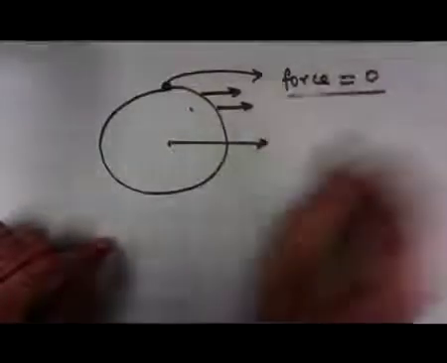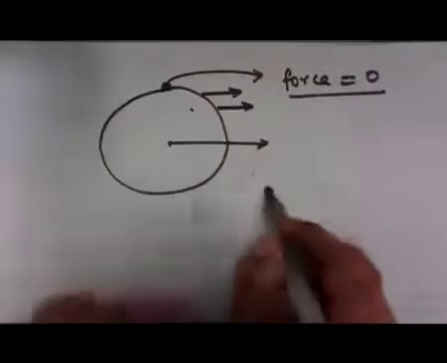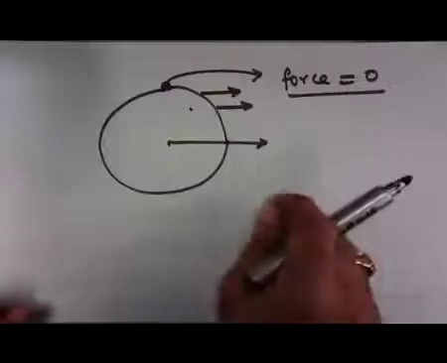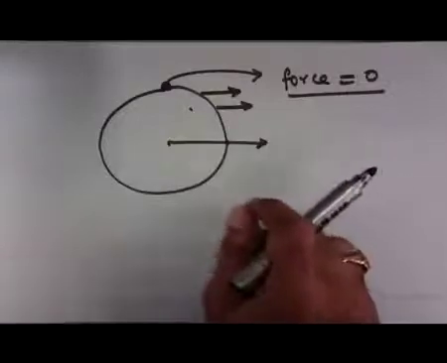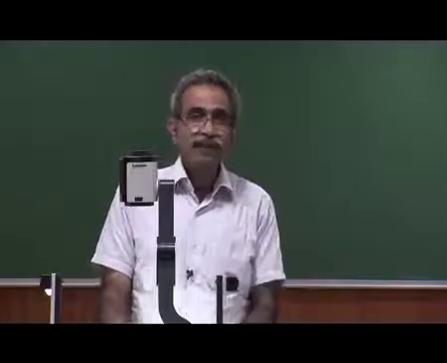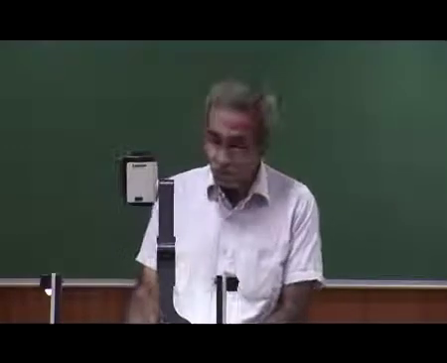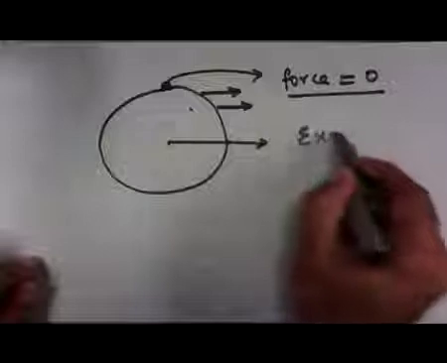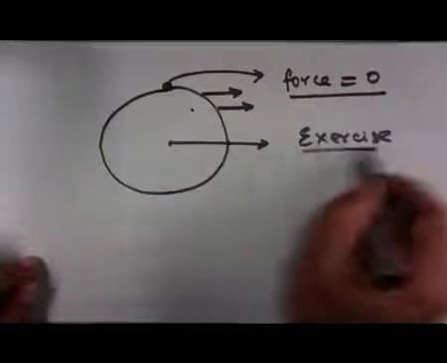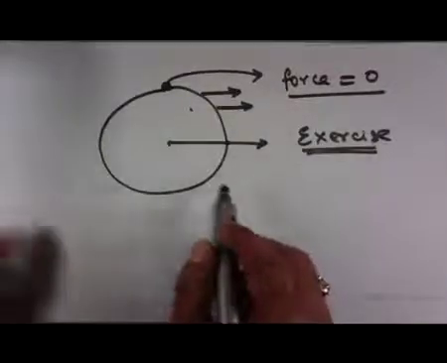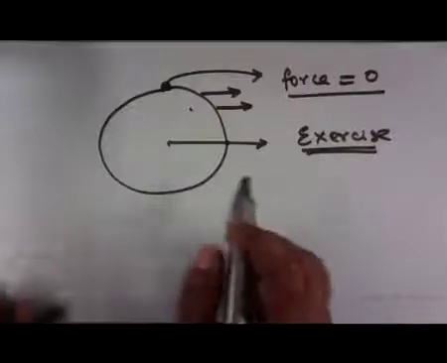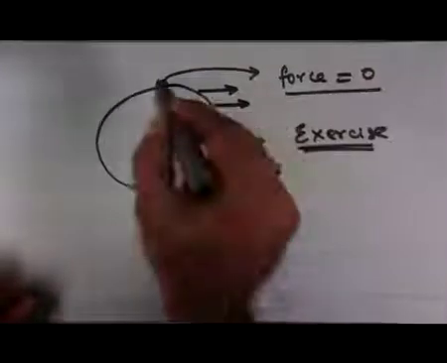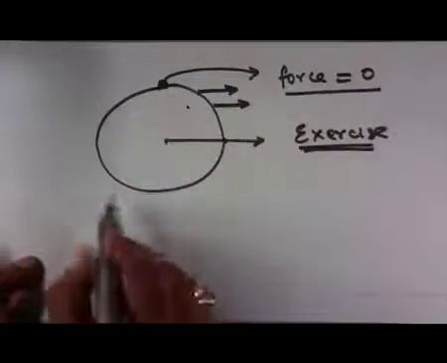That means as you move from the equator towards the pole, your escape velocity, assuming everything is thrown upwards, becomes smaller and smaller. This is another exercise you can work out, and what you find is a not too insignificant but not too large variation from the equator to the north pole. So please work it out.